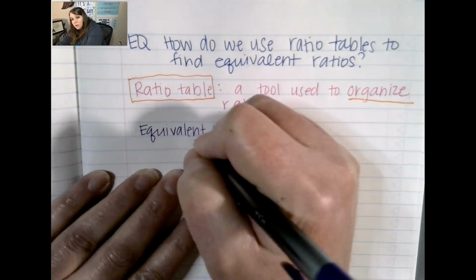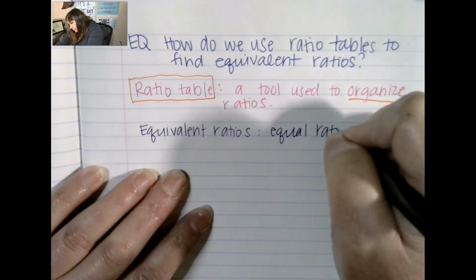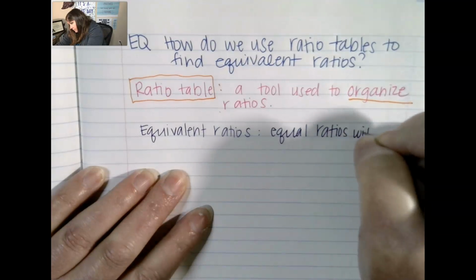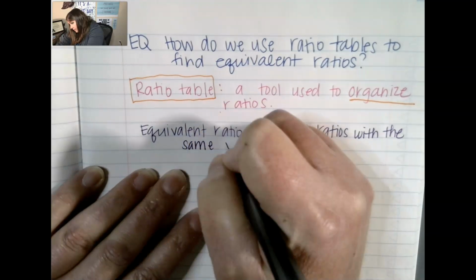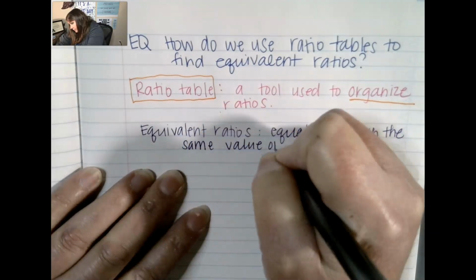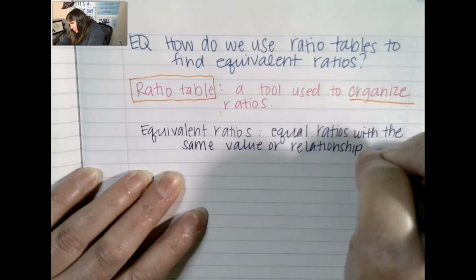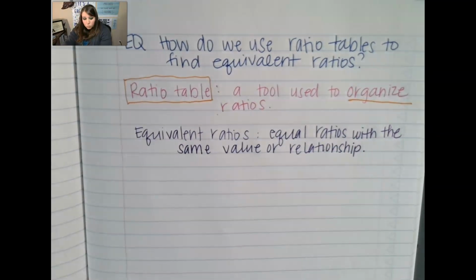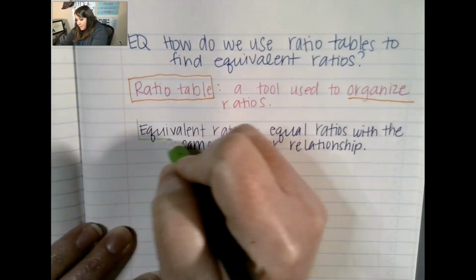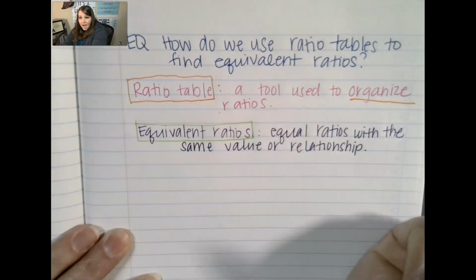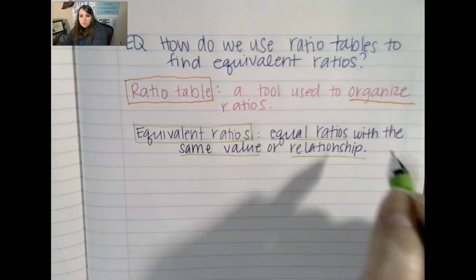They are equal. So let's go ahead and put these words to the test so that you can see what they mean when they are in action. So they're equal, same value, same relationship.